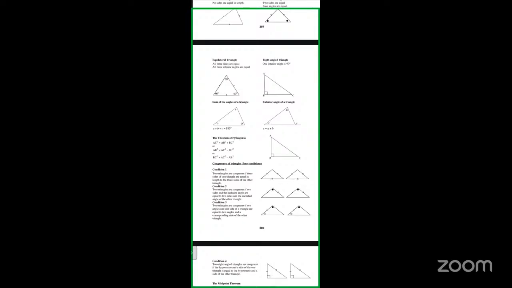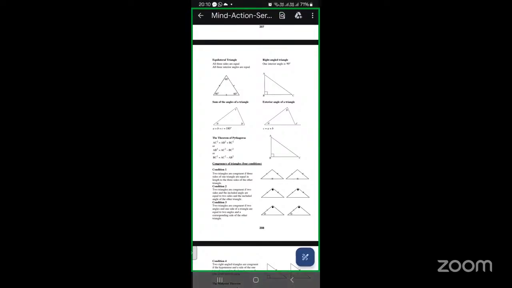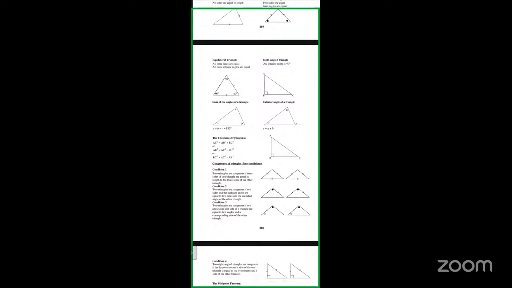Then we also have Pythagoras theorem, I think from grade 6. You should note that some students, wherever they see a triangle, always use Pythagoras theorem to calculate the unknown side. But that is mathematically incorrect.